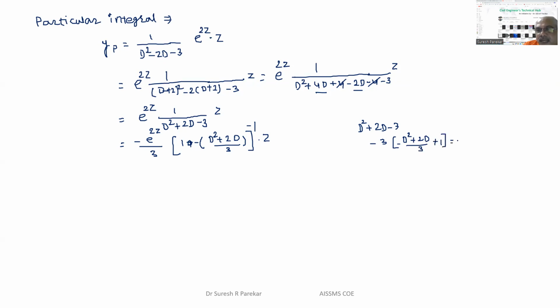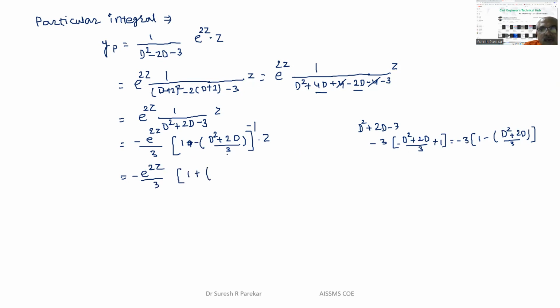Or we can write it as minus 3 in bracket 1 minus d square plus 2d upon 3, and then we have to the power minus 1. Then we have both minus. So we have all terms plus. So minus e to the power 2z upon 3 in bracket 1 plus.